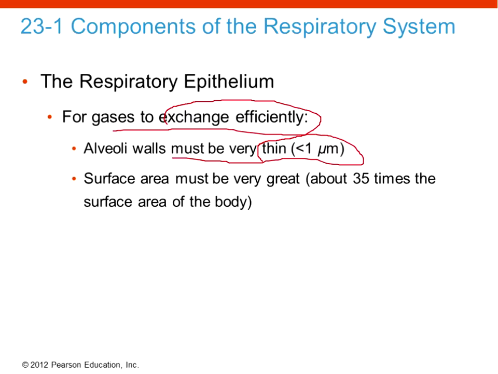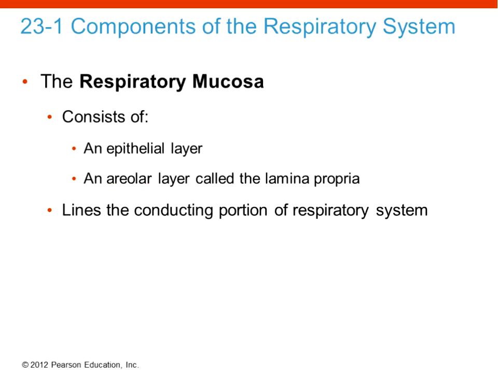Also in the respiratory epithelium, you need a lot of space, so the surface area must be very large. As we'll see, deep in the alveoli there are many divisions, subdivisions, and branches, and that increases the surface area to about 35 times the surface area of the body, to allow for a vast amount of gas exchange to get all that oxygen into our system. Okay?